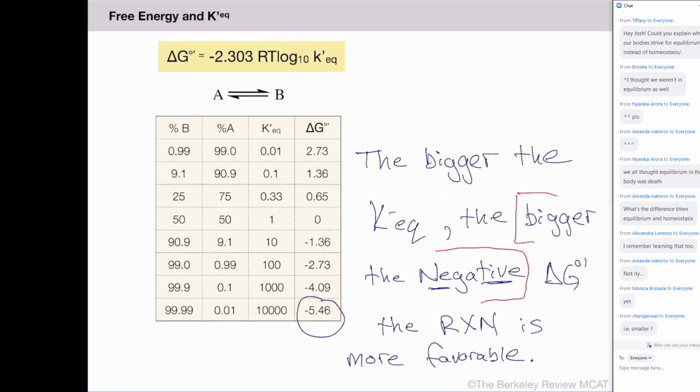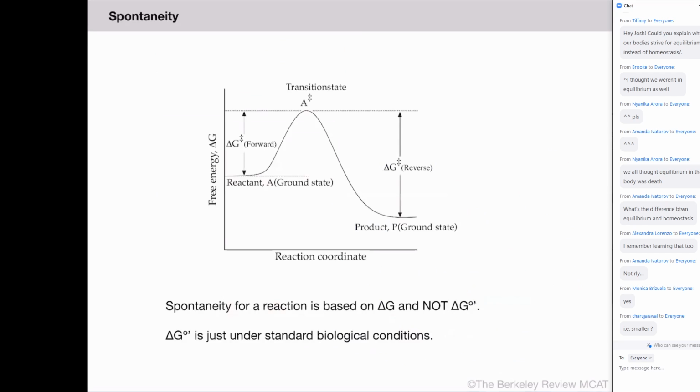So let's now look at a reaction coordinate. And remember that the spontaneity for a reaction is based on delta G and not delta G naught prime. Delta G naught prime is just under your standard biological conditions of 1 mole product, 1 mole reactant, at physiological pH, temperature, whatever.